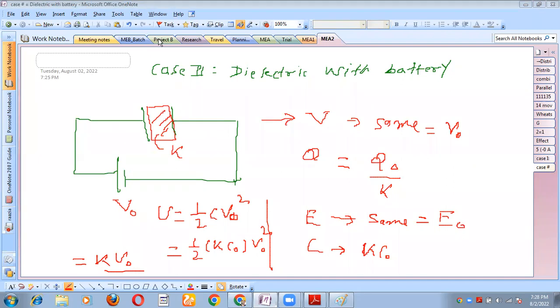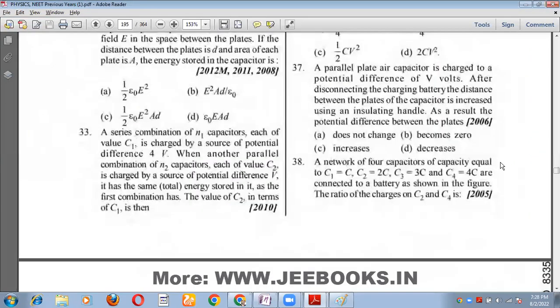All right. Based on these two concepts, now we are going to do some questions so that you can get concept clarity. So getting back to the questions.